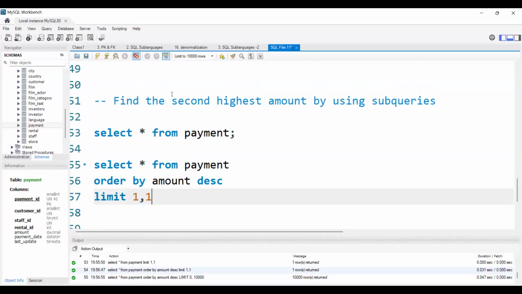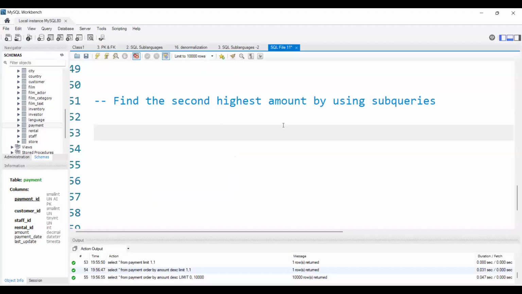So yes, if I don't say by using subqueries, if I say up to here only, like find the second highest amount from payment table, we can even do that by using this one. Am I right? Yes, ma'am. So that is what I said previously: without subqueries also, every question we can solve.